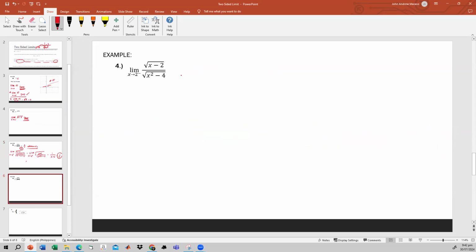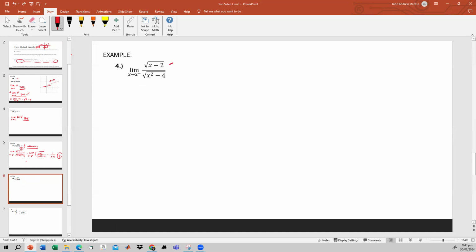So in that case, if you observe, class, as this goes closer and closer to 2 from the left of 2, so it means 1, 0, -1, what will happen to the radical that we have on the numerator?